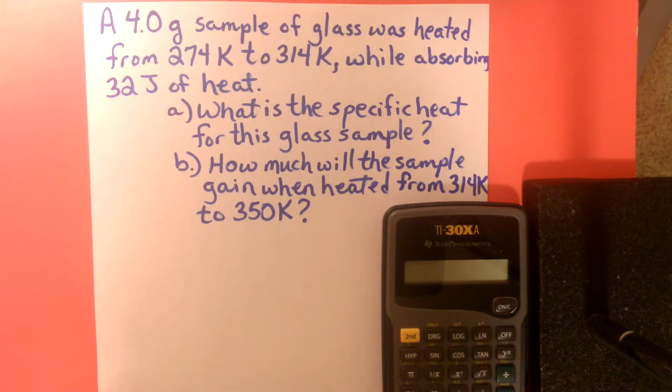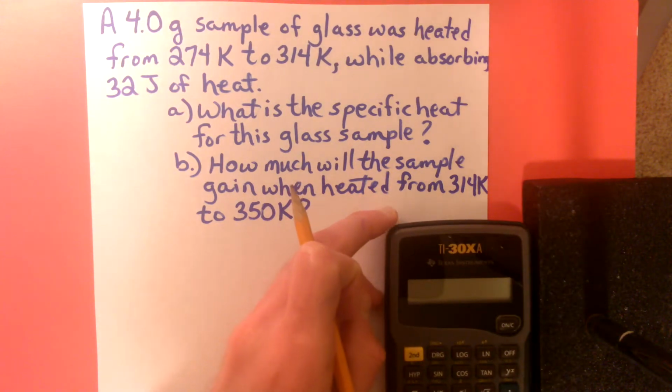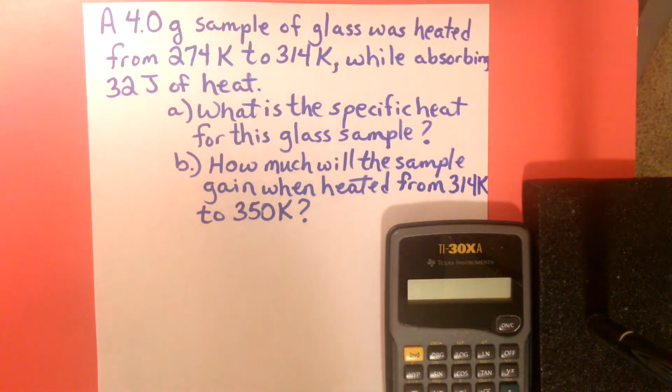Now, hopefully you have read through your class notes, looked in your textbook and so forth at specific heat capacity, or just the phrasing heat capacity. If you have, then you will remember that specific heat is the amount of heat energy required to raise the temperature of 1 gram of a substance by 1 degree.